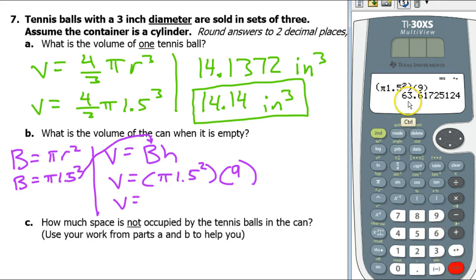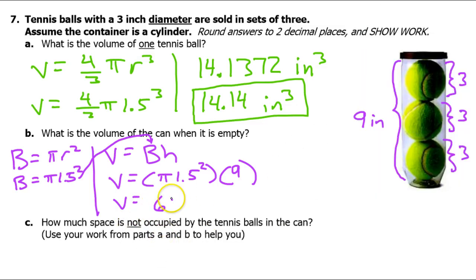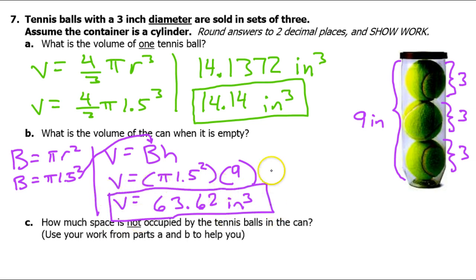That's 63.62. Got to round up. Cubic inches. So I have the volume of a single ball, and I have the volume of the empty can.